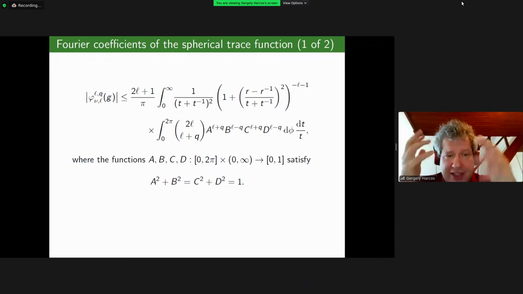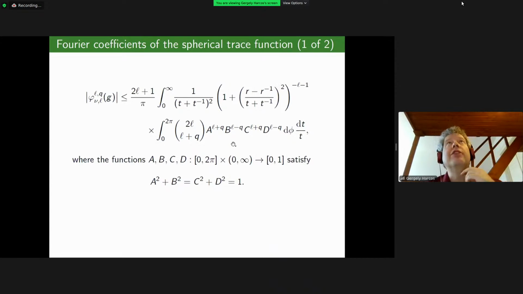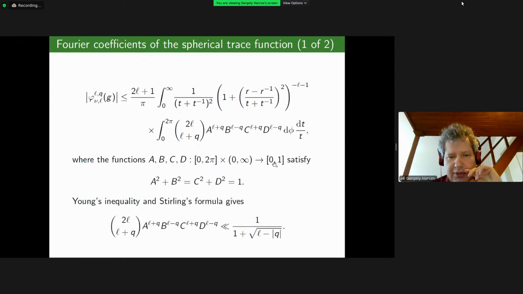But then by rather straightforward manipulations, we end up with an expression which, after the triangle inequality, gives the following upper bound for the spherical trace function. It's something very concrete where A, B, C, D abbreviate certain functions which are of absolute value at most 1, and in fact A squared plus B squared equals C squared plus D squared equals 1.